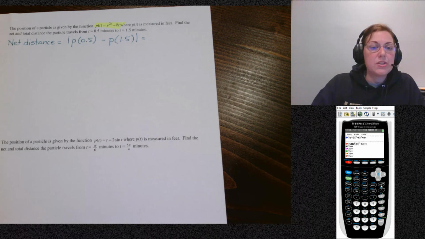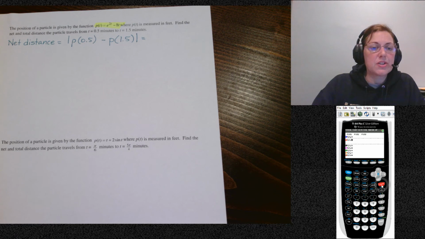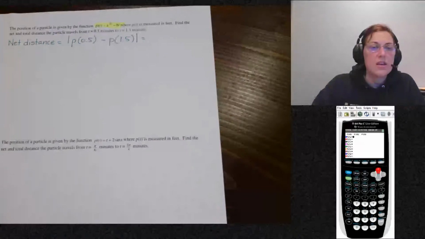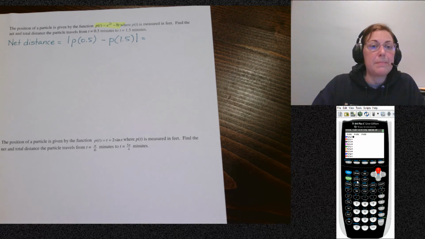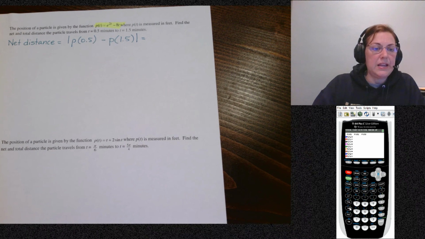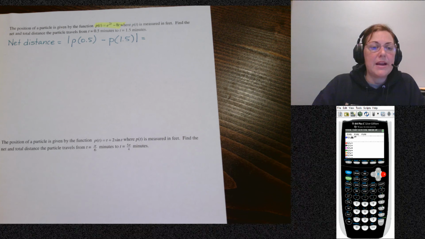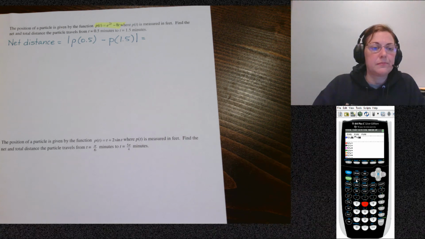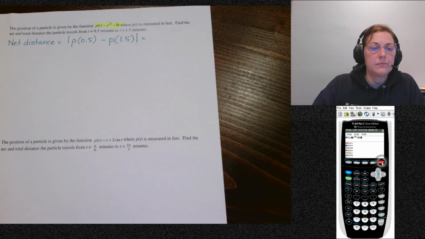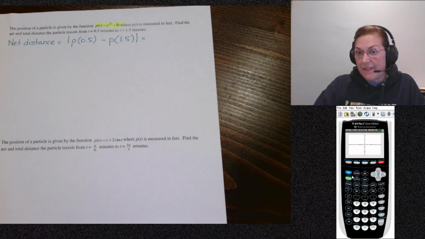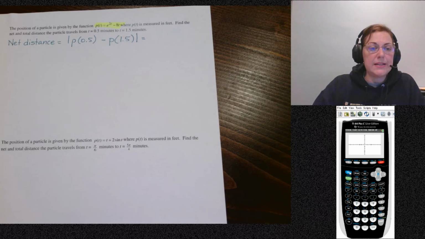So let me clear out these two functions quickly. And I'm going to put in the position. So I'm doing e to the 2x minus 8t. And then I'm going to do my values, right? Second trace, option number 1.